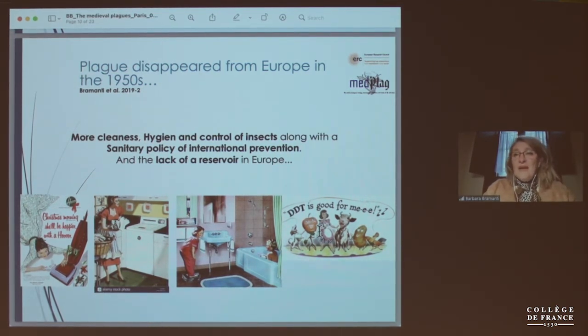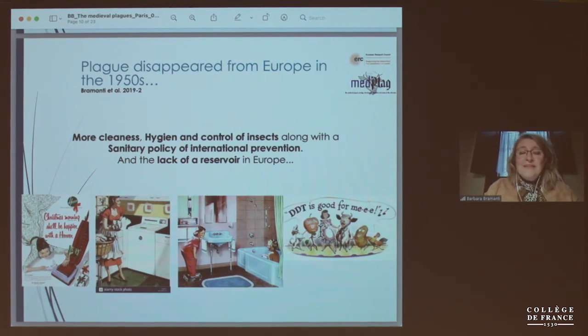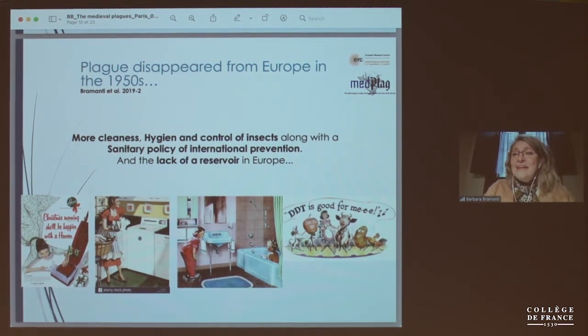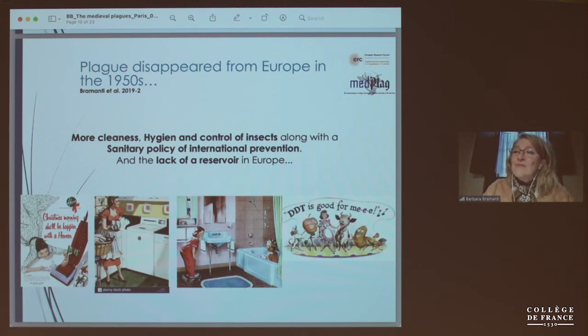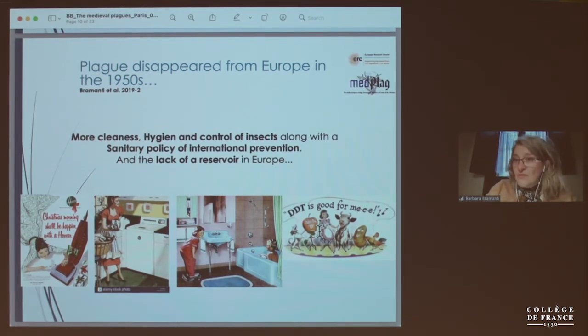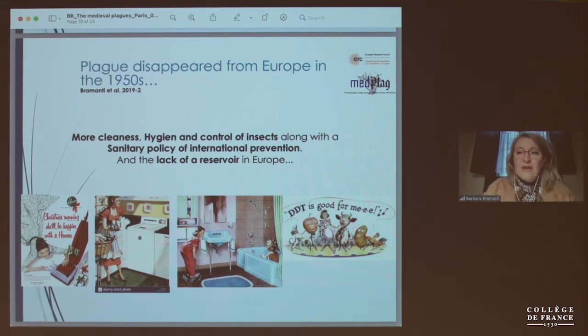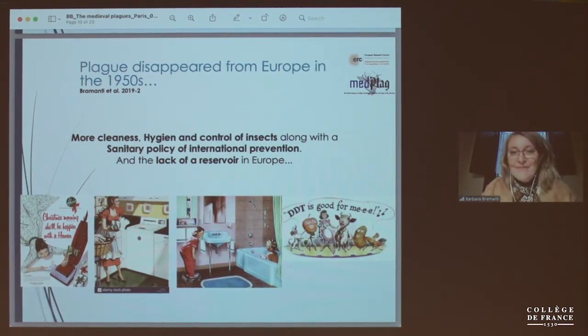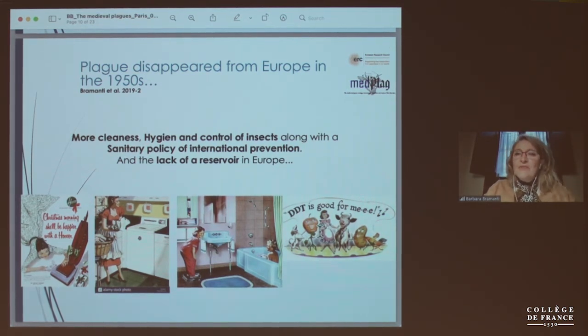Of course, you have the same kind of civilization also in the USA and in China, but they have a reservoir, therefore it can happen from time to time. Some persons are infected, but in Europe there is no reservoir, therefore the chance of infection are really very, very reduced. And this was also the minimal number of cases in Europe in this period.